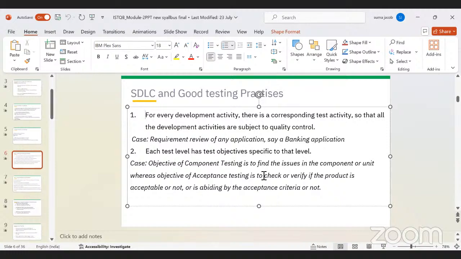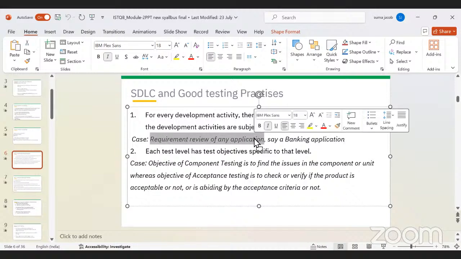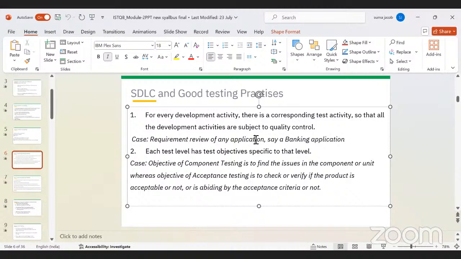For example, if you are working on a banking application, we know that a banking application will have lots of formulas and logic happening. Say there is an error in the formula to calculate the interest. If we were reviewing the requirements properly, we could have identified the issue earlier in the life cycle, during the requirement phase.